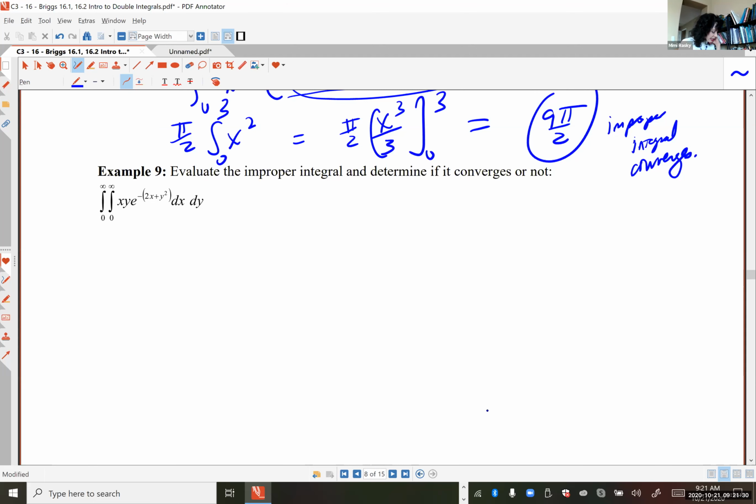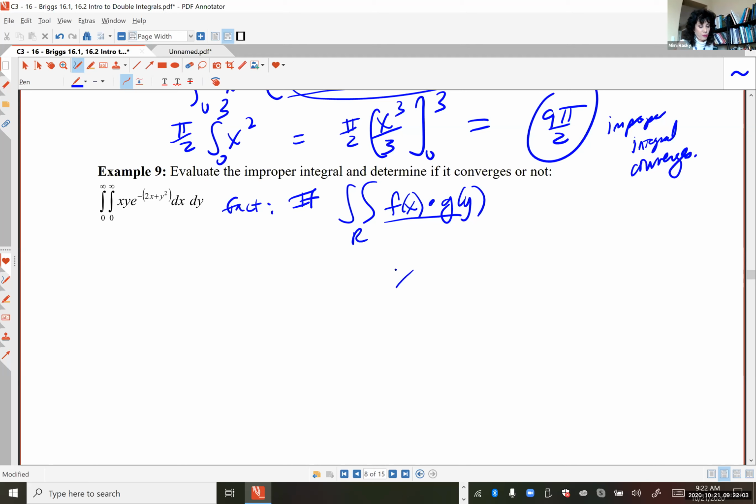But I want to give you a theorem first, a little fact that you can't use all the time, but if you can, it's awesome. Let me give you a fact that'll make this problem easier to do. If you're integrating some double or triple integral, and the integrand is such that you can separate all the x stuff and all the y stuff so it looks like a product, you can't do this if it's a sum.